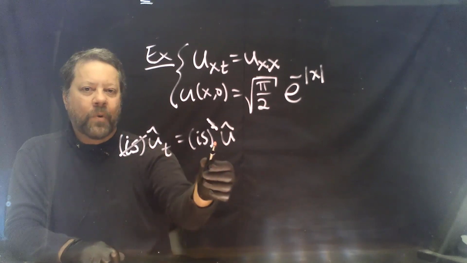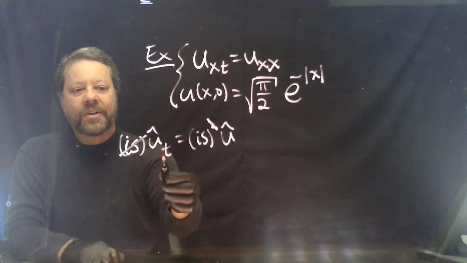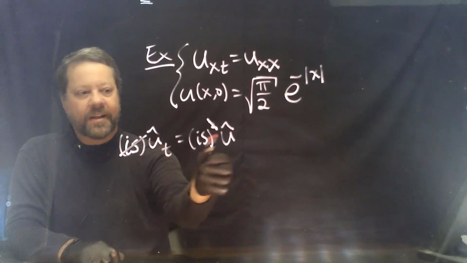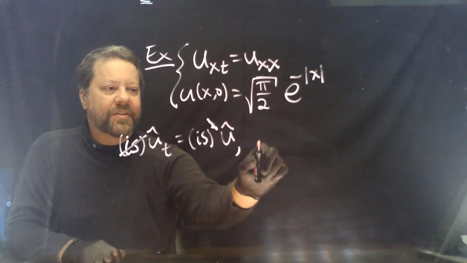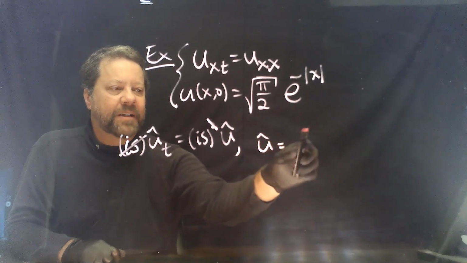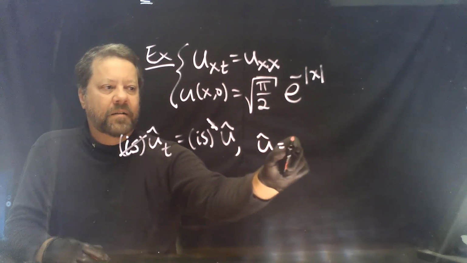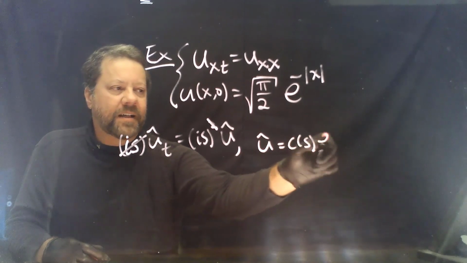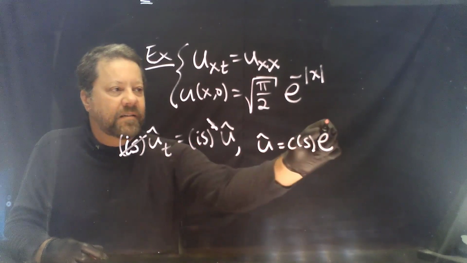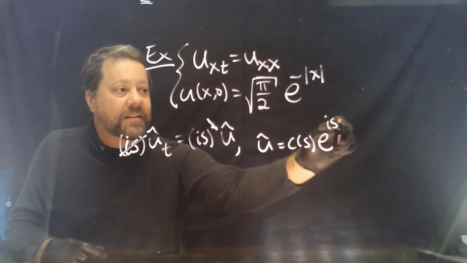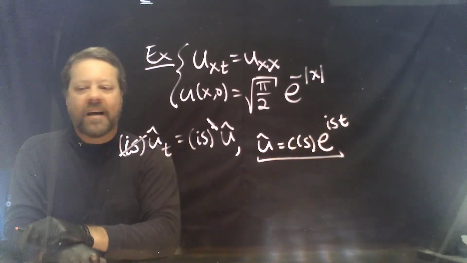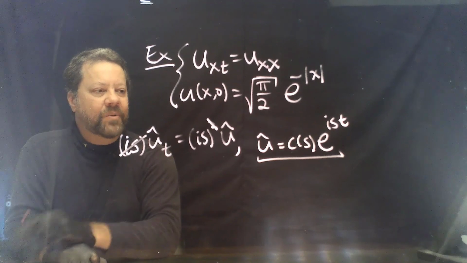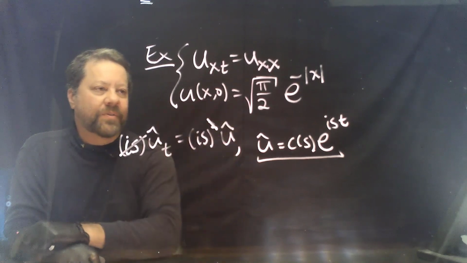We're looking for the solution to a differential equation where the derivative of the function is a constant times itself. Well, that means u hat must be of the form some constant times e to the is constant t. And now we need to be sure that the initial data holds.